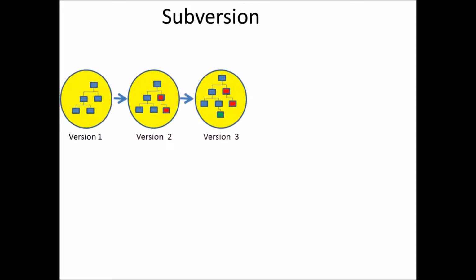And the important thing to note here is that Subversion is doing version control not on the individual files but on the whole of the file system, and that we can revert back to previous versions, so we can take a working copy not just from the latest version but from a previous version of that file system and recreate it as it was at some point in the past.